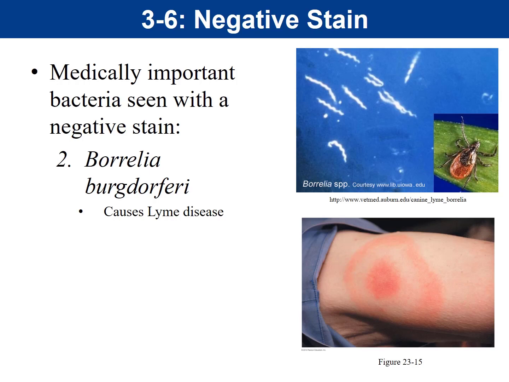Another example of a spirochete is Borrelia burgdorferi, which causes Lyme disease. The way that you get Lyme disease is that the organism gets into your blood through a tick bite.